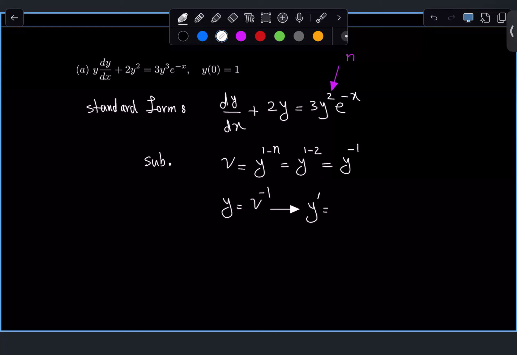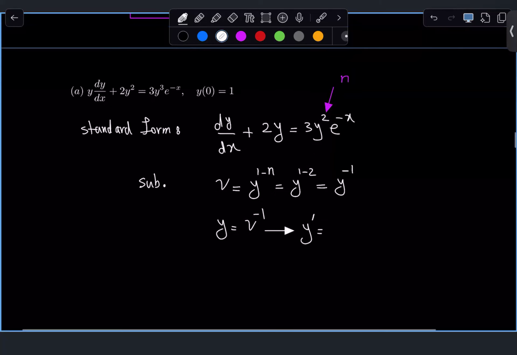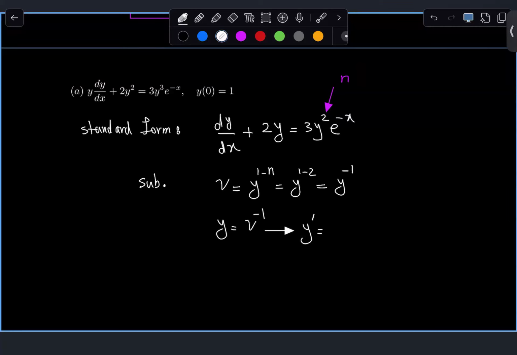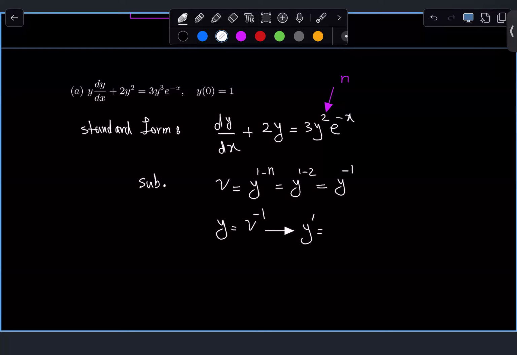Right? Okay. And now you want to rewrite that equation in terms of the new variable v, right? You don't want to have y anymore. So what do I need? I need dy dx, or y prime, right? So we know v is y to the negative 1, the inverse of y, which means y is the inverse of v, right? And now I can find y prime.